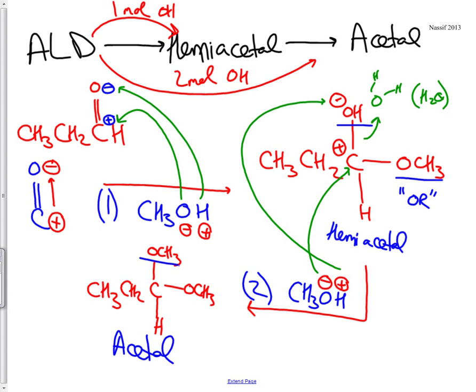And you can notice that there are two OR groups giving the full acetal, as opposed to earlier when there was only one OR group and one OH. So we can see that when we added this hydrogen to the OH group that was already existing, we created water, and water left the molecule. Then we left this positive carbon open, to which this methoxy group, this OCH3 group, attached, giving us our full acetal.